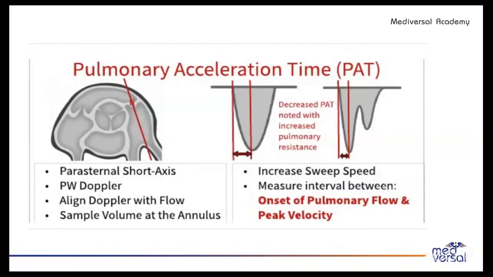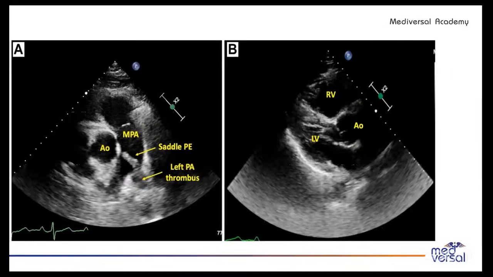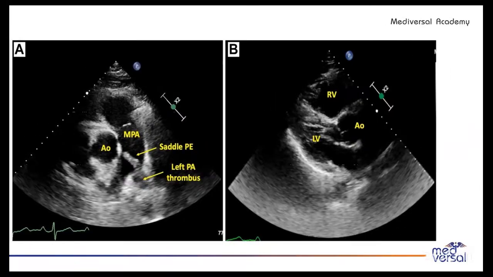It is one of the indirect measures to see pulmonary hypertension. See here, you can see the pulmonary artery, even the pulmonary artery bifurcation, and you can see the thrombus. There is a saddle pulmonary embolism, and there is thrombus in the left pulmonary artery.